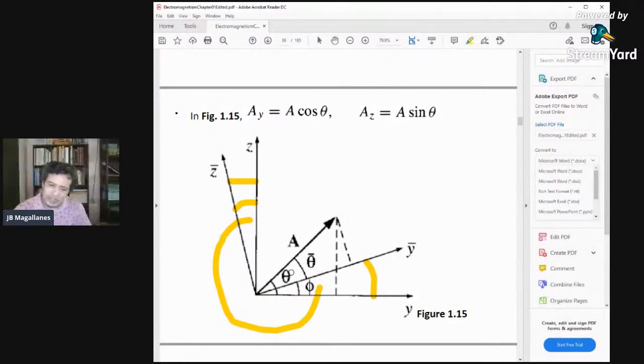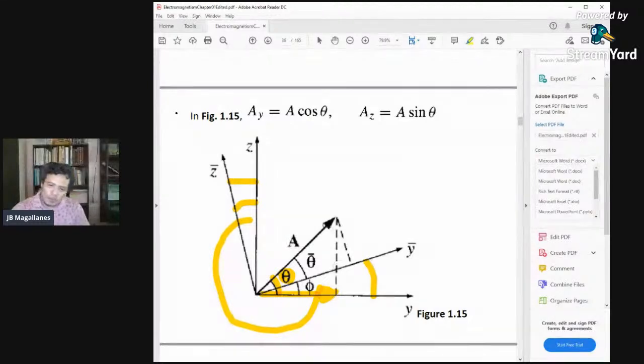So the original component of a on the y-axis is a cosine theta. This is the original component of a, which is ay.